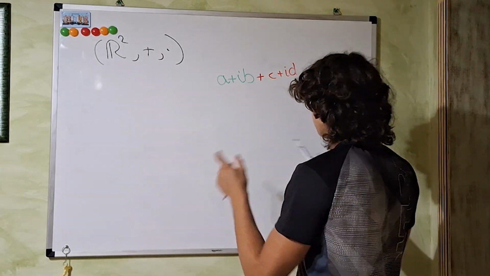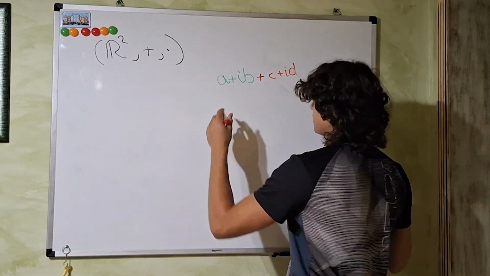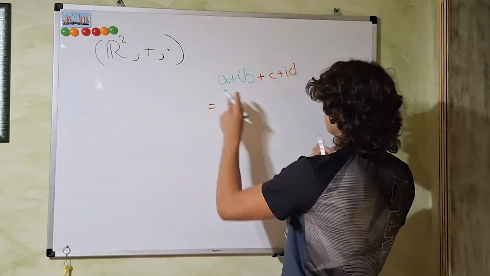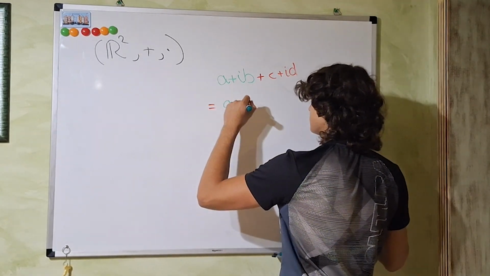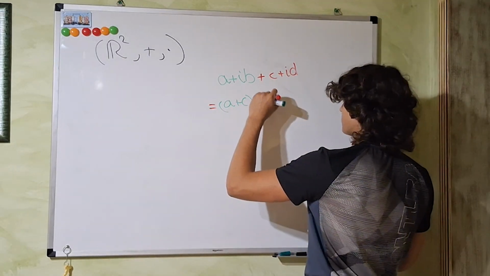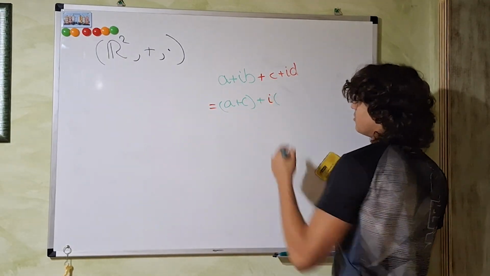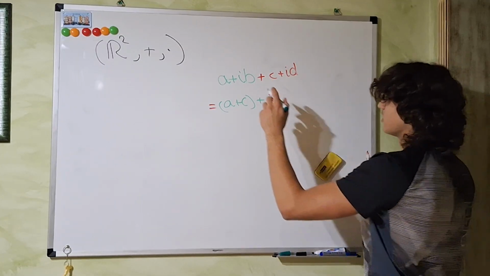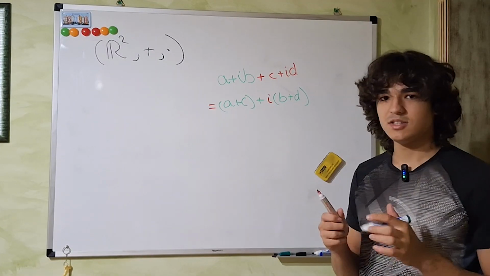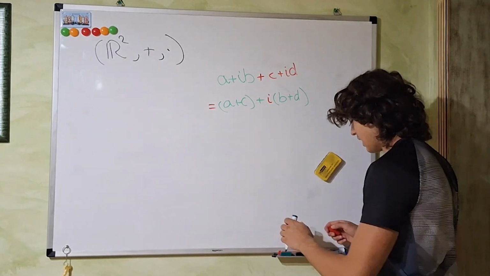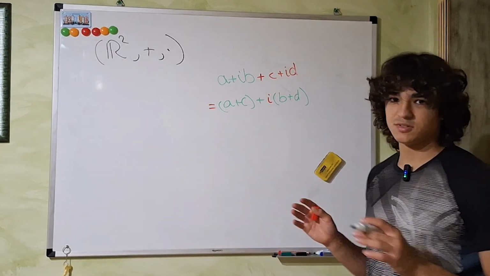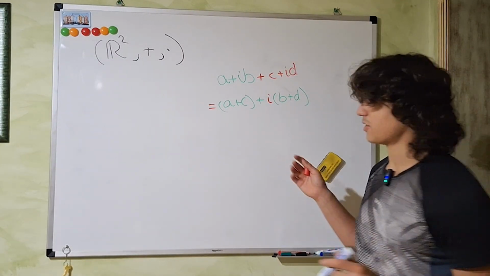We can add them up together and this equals: we sum the real parts, so a plus c is the new real part, plus the imaginary part. So we have i times, basically factoring out the i, b plus d. And we are basically applying the usual rules of addition and multiplication, so there is nothing new really. We're basically using the properties of real numbers with complex numbers.